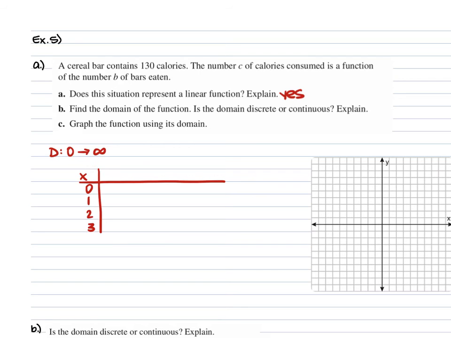You're going to use a function. The cereal bar contains 130 calories. The number C of calories consumed is a function of the number B of bars eaten.